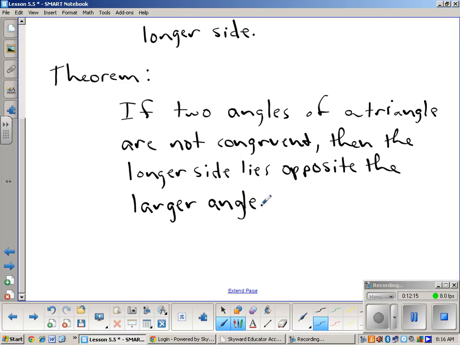So if two angles in a triangle are not congruent, then the longer side lies opposite the larger angle. Okay?